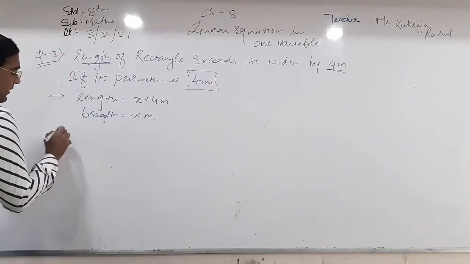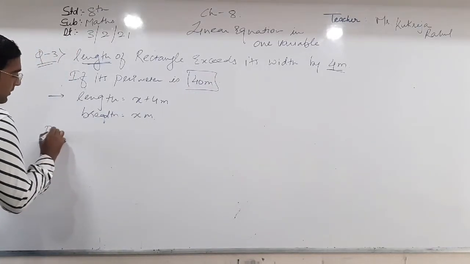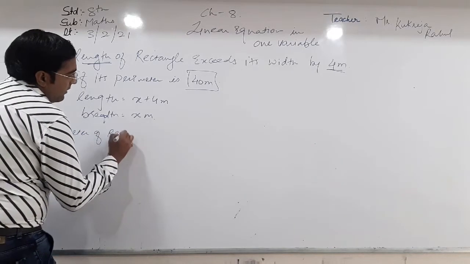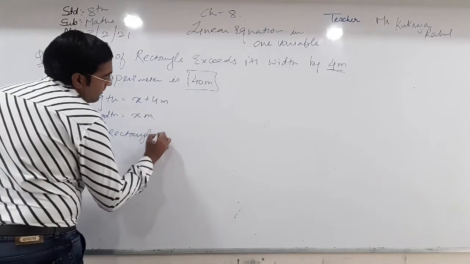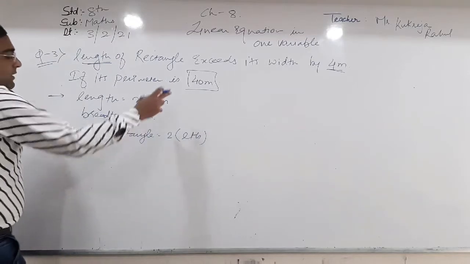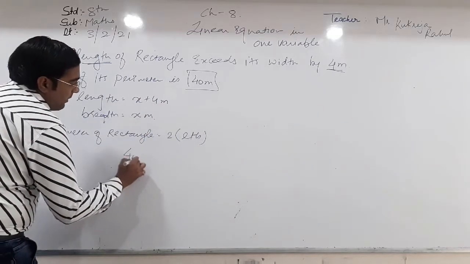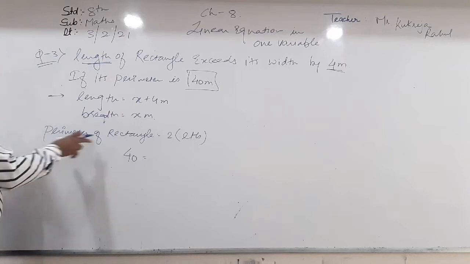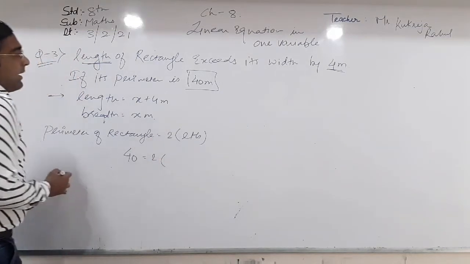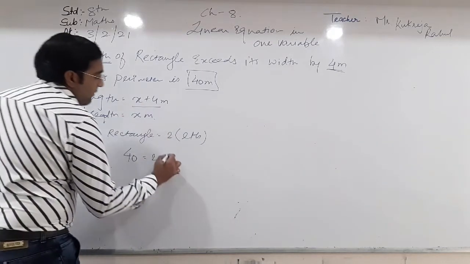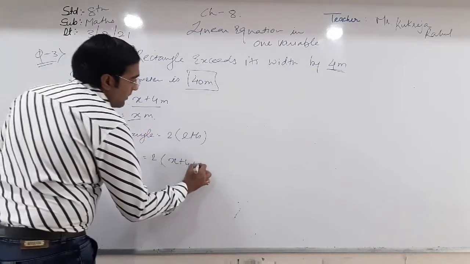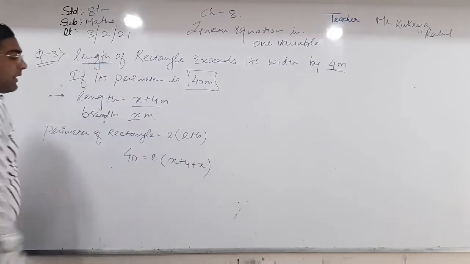As per the formula, the perimeter of a rectangle will be 2 times L plus B. Clear? The perimeter is 40, so I put the value 40 in place of the perimeter of the rectangle. So 2 times, length will be x plus 4 and breadth will be x. So I'll put the values of L and B here.